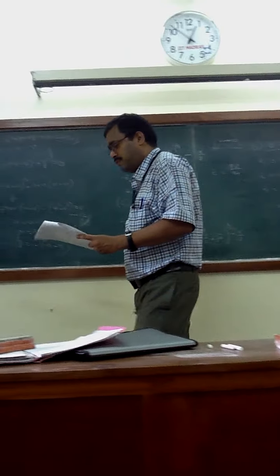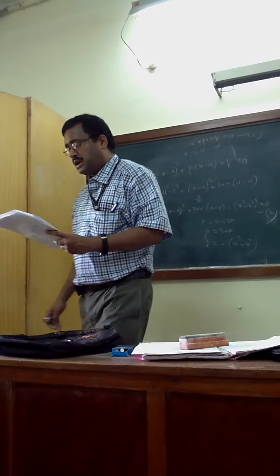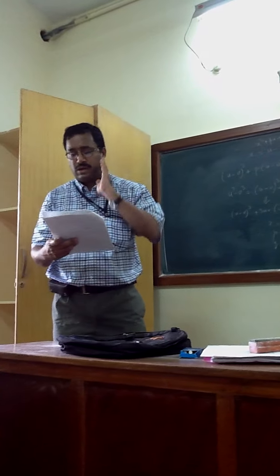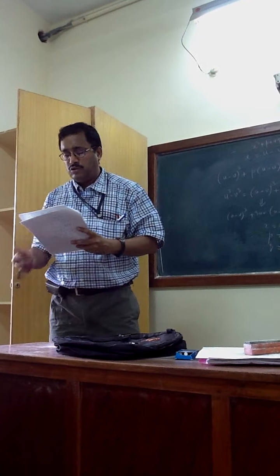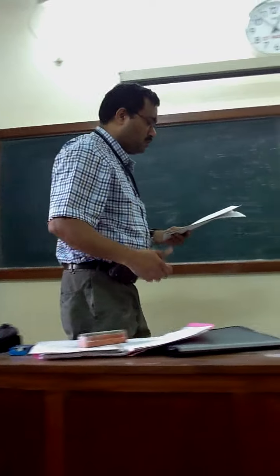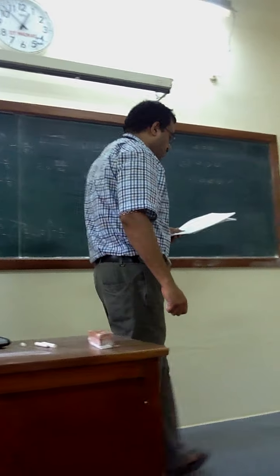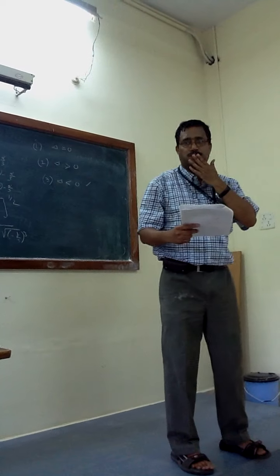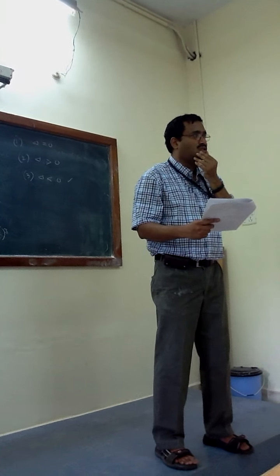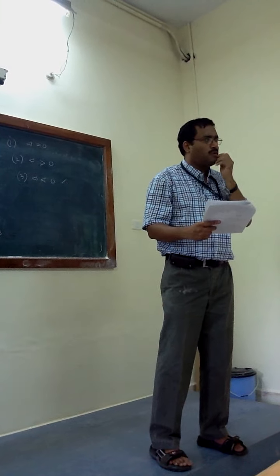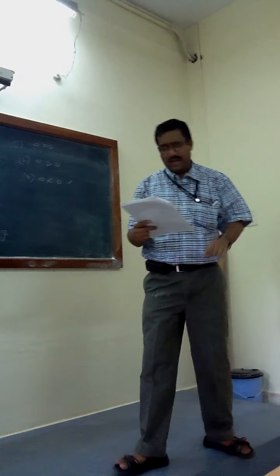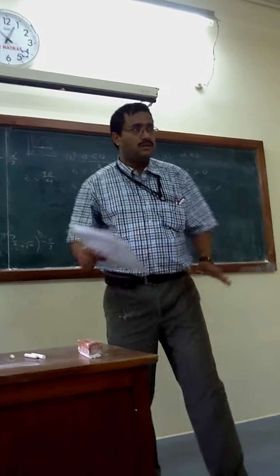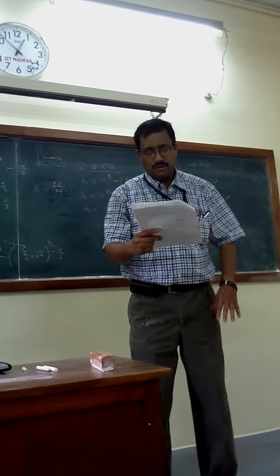The van der Waals constants are A equals 3.789 Pascal meter cube per mole square and B equals 2.377 meter cube per mole. Use Cardano's method. Do you have this problem? What's the number? 10A. Yes, problem number 10A.